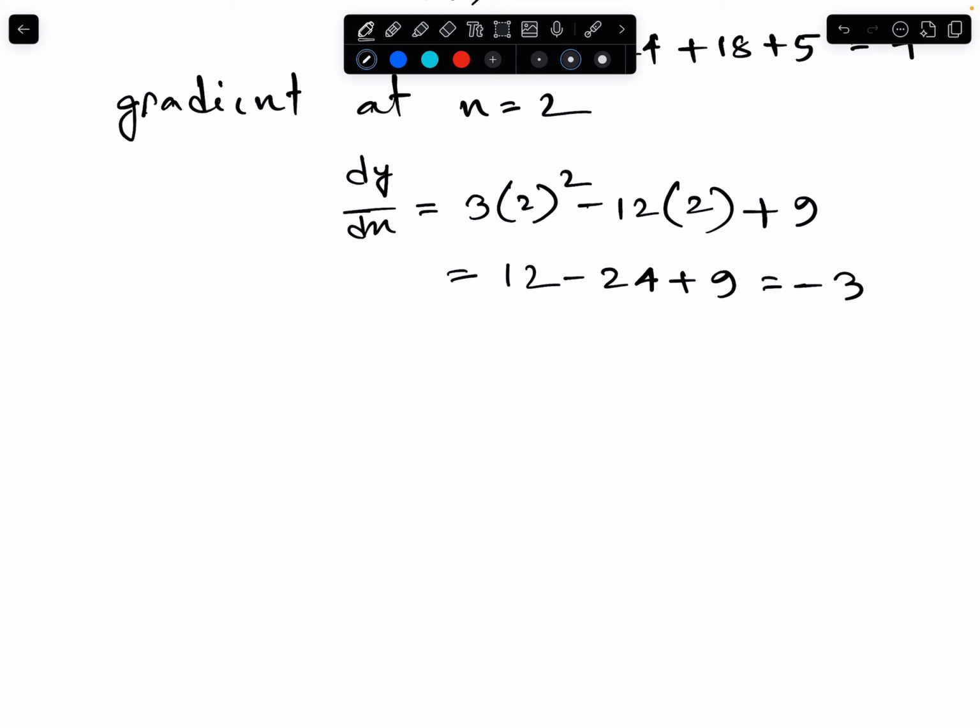And we have to find the equation of the tangent at x equal to 2. What is the equation of a tangent? It is a straight line going through one point.